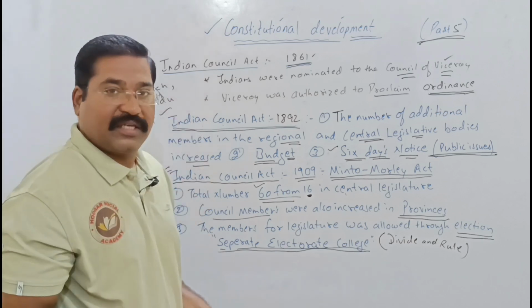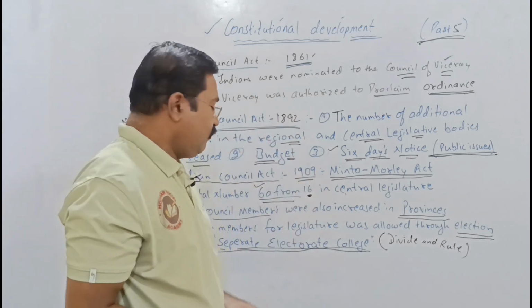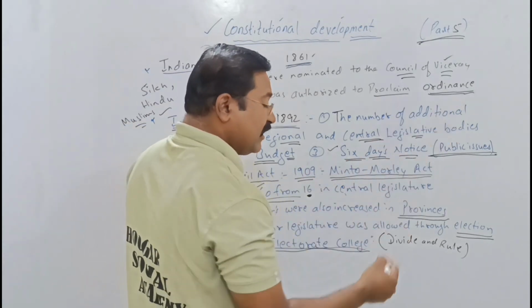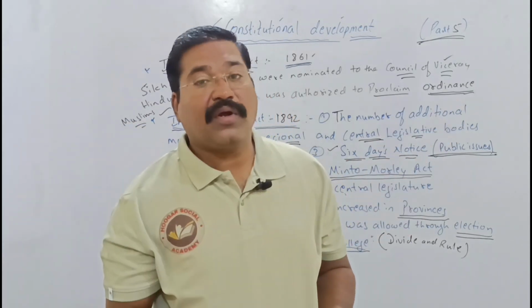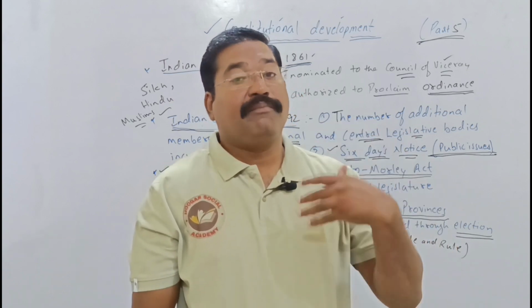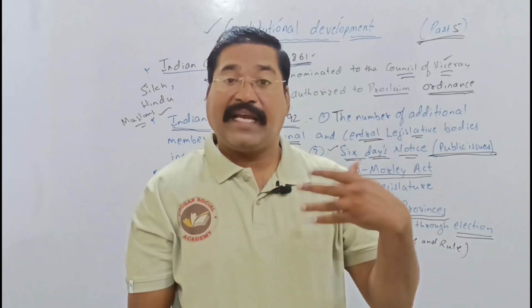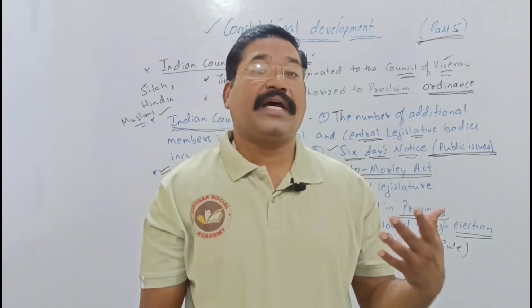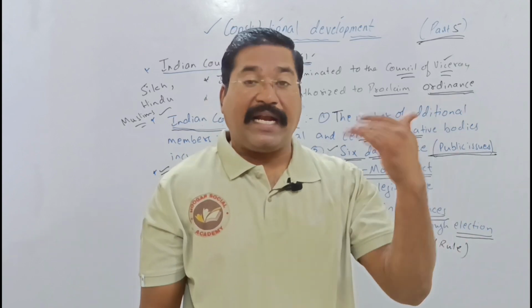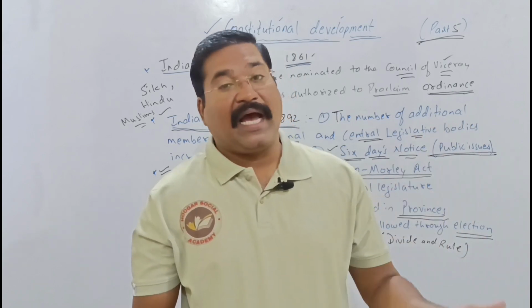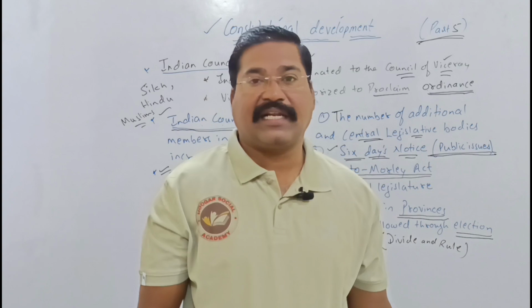Separate representatives. This itself shows that in the name of the Indian Council Act 1909, the Minto-Morley Act, they wanted to rule India more, making Indians feel that they were also part of the British East India Company or the England government, adding them into the council of members and the legislative bodies at the provincial and central levels.